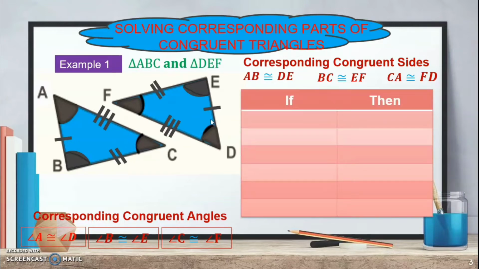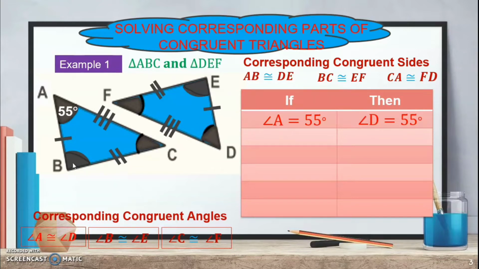So, we will put a measurement on each angle and side. If angle A is 55 degrees, that means angle D is 55 degrees also, kasi congruent sila.